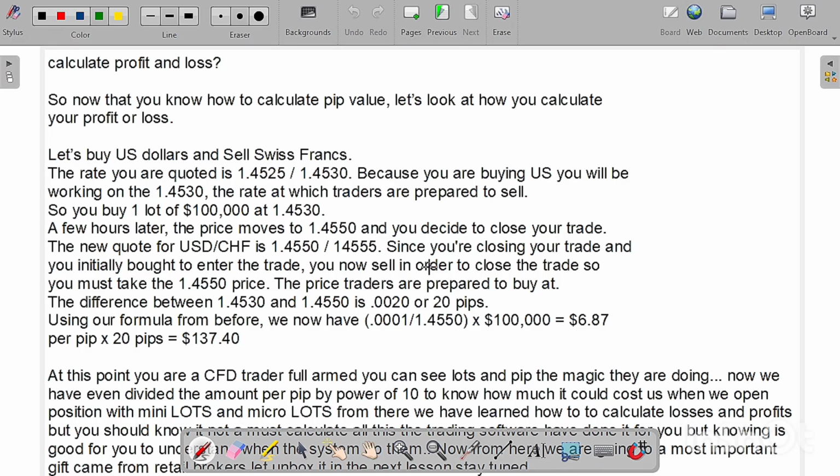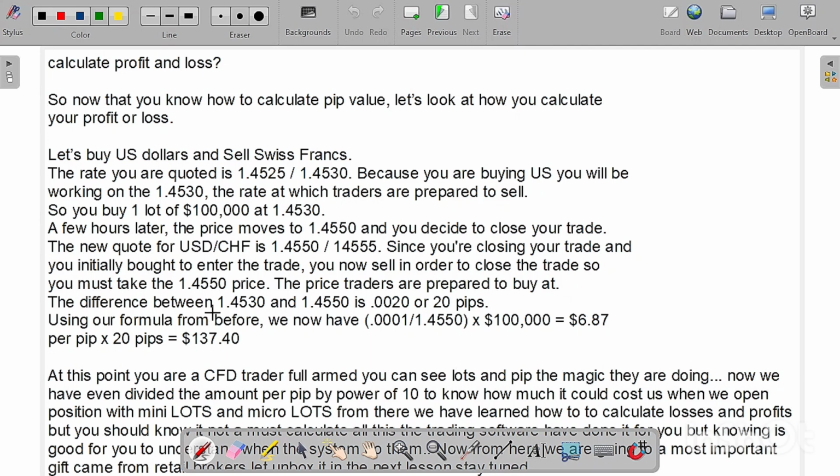So let's go on. Since you are closing your trade and you initially bought to enter the trade, you are now selling, you are now in a selling order to close the trade. So you must take the 1.4550 price, the price traders are prepared to buy at.